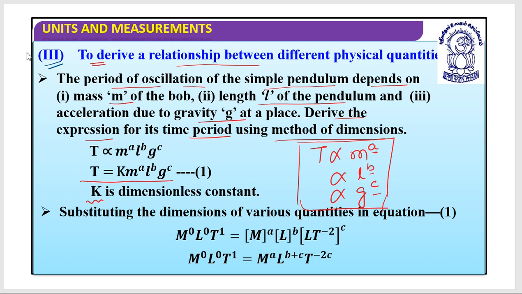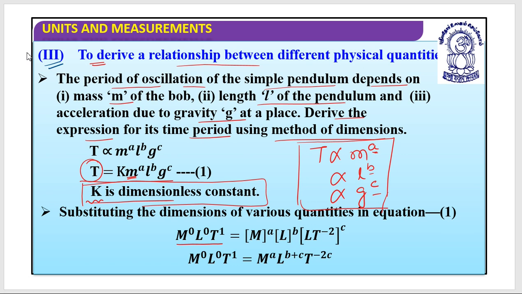Now what I should do is write down the dimensions on both sides. So dimensions of time, what would it be? Yes, it's M0 L0 T1. Now K is a dimensionless constant, so we don't need to write the dimensions of K. Next, M is the mass.